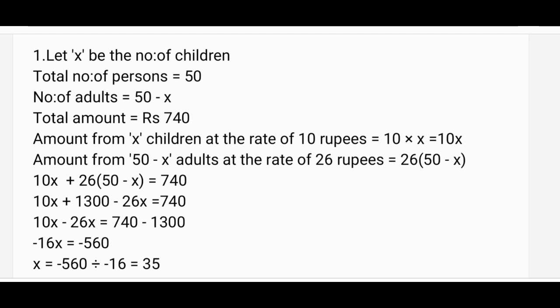And then total amount is equal to rupees 740. Amount from x children at the rate of 10 rupees is equal to 10 into x is equal to 10x. Amount from 50 minus x adults at the rate of 26 rupees is equal to 26 into 50 minus x.